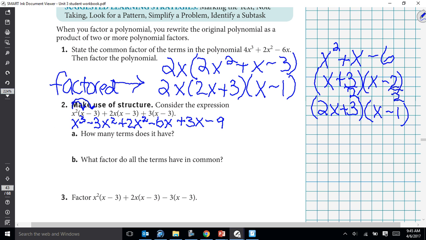All right, so when we combine them, what do we get? X cubed. All right, so we have that one. X squared. All right, so now how many terms does it have? 4. It has 4.